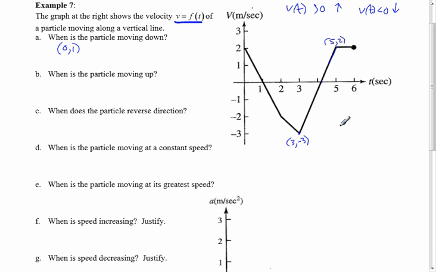Alright, so we first figure out our slope. That'd be (2 + 3) over (5 - 3), so our slope is 5/2. So the equation of our line, y = 2 + 5/2 times (x - 5).